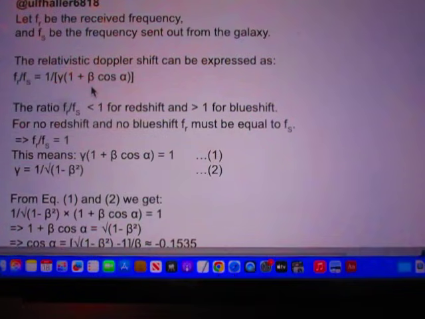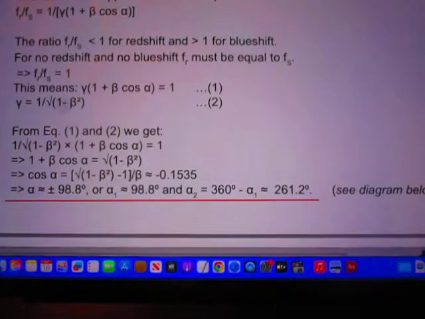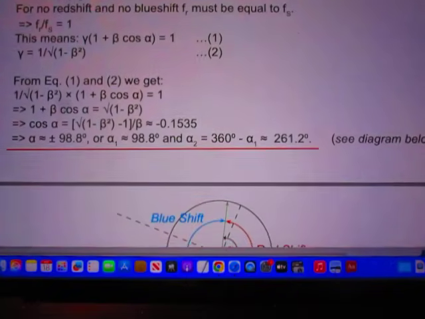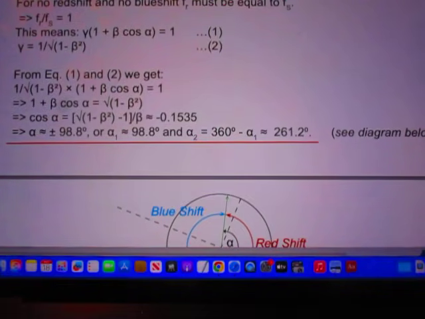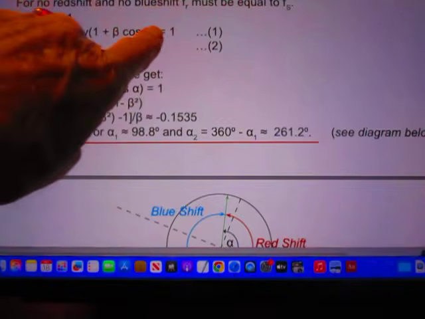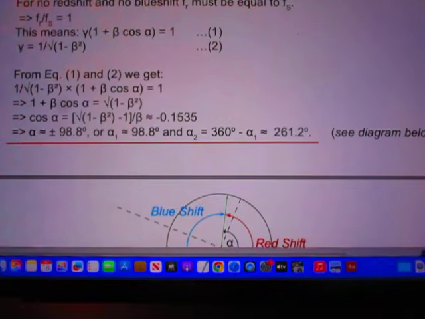However, if there is no redshift and no blue shift, then Fr divided by Fs is 1. So this quantity must be 1, and this is gamma.